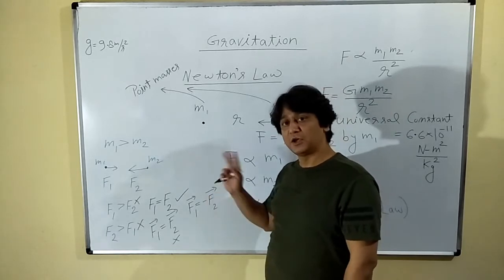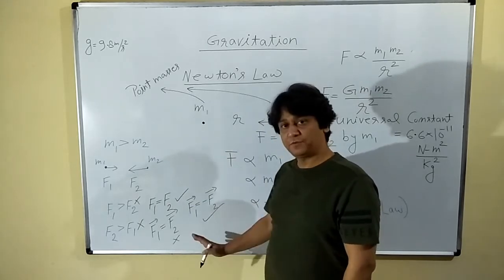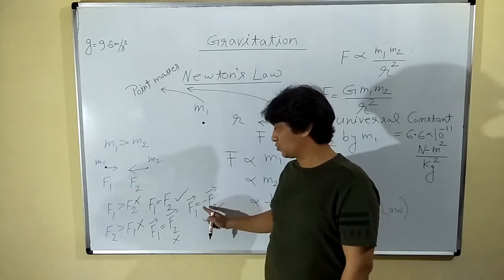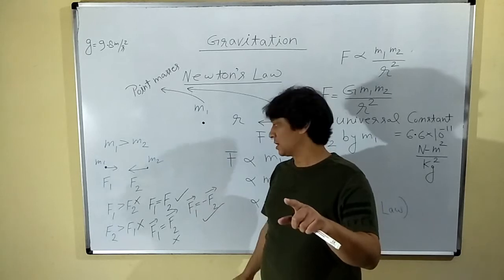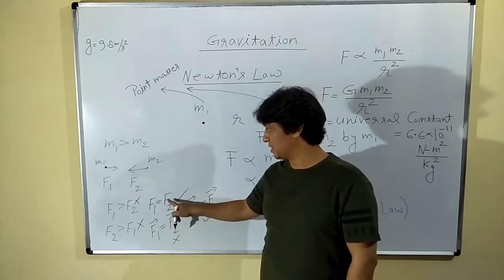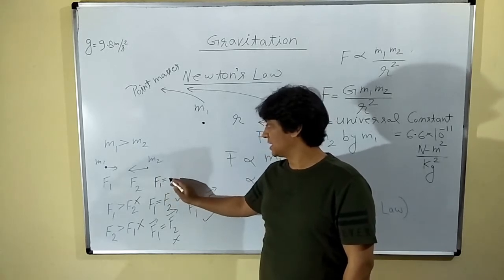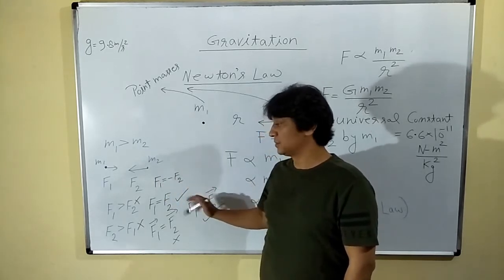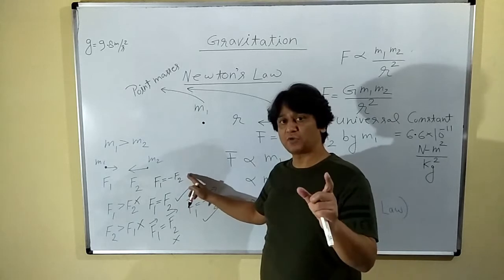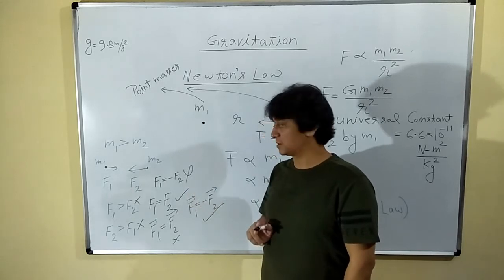Action and reaction, their magnitudes are equal but they act in opposite directions, and therefore if they give you an option in vector form, then remember this is the correct one. If they give you an option in terms of magnitude, then this part is correct, F1 equals to F2. If somebody writes here F1 as minus of F2, and when we say F1, F2, we are interested only in the magnitude, then this presentation is also not correct.